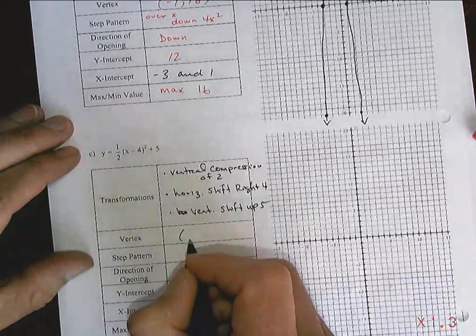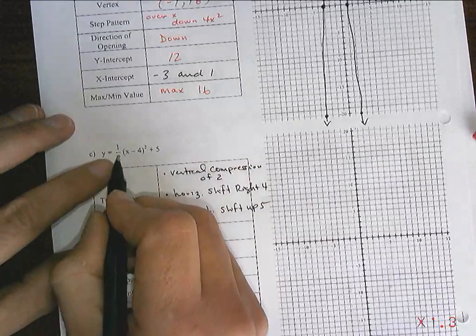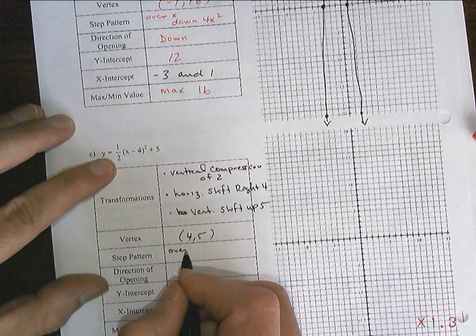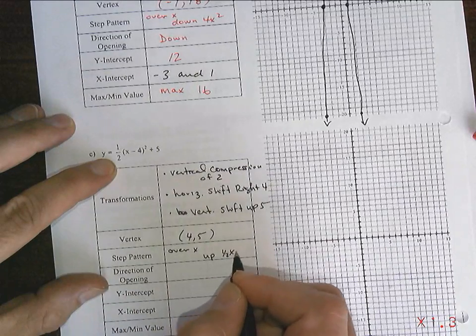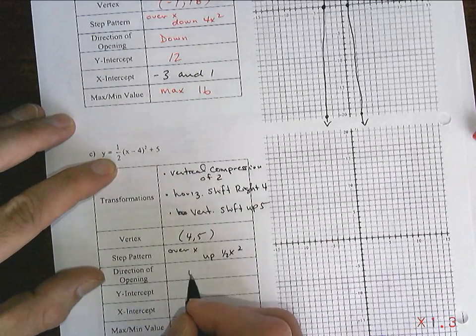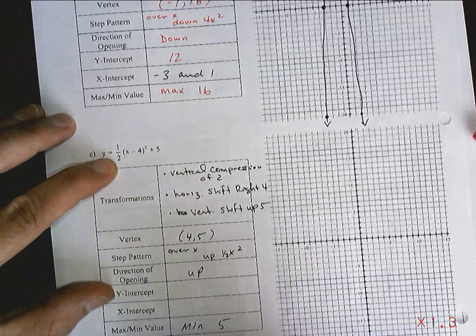Once again, your vertex comes from here, so it's going to be 4, 5. Your step pattern comes from your a value, so it's over x, and it's up 1/2 x squared. Direction of opening is up. That gives you a minimum. Then the minimum value is going to be 5.